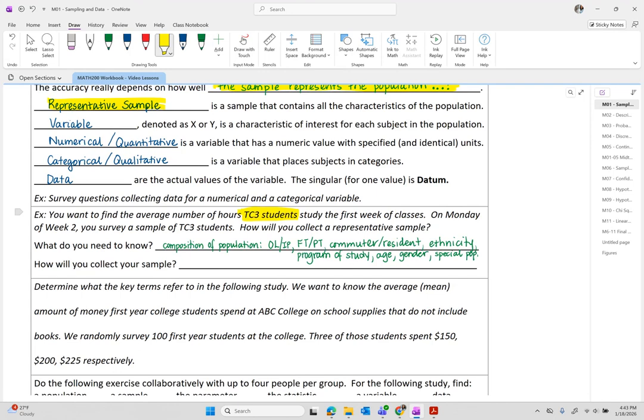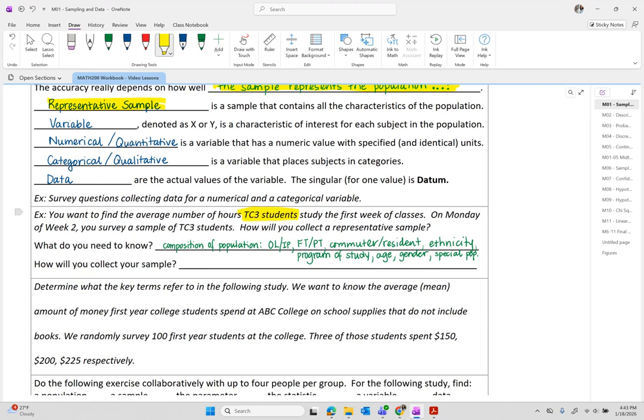So all of these groups and characteristics that describe members of the population need to be represented in your sample. So how will you collect your sample to be a representative sample?